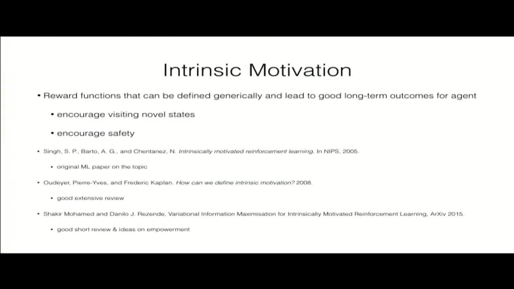Okay, there's also another idea. We're running out of time, but this is the last couple of slides. There's this idea of intrinsic motivation, which is not that formal of an idea, but generally, you want the learning process for an agent to proceed well.